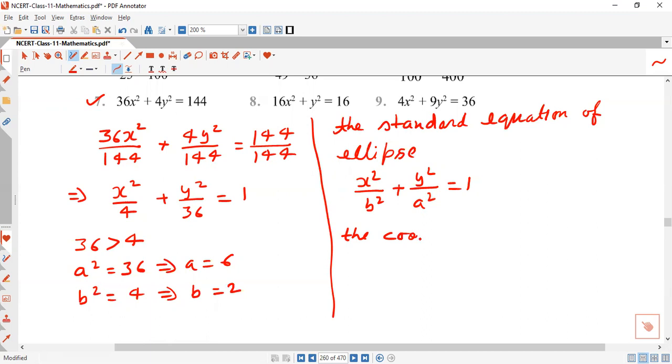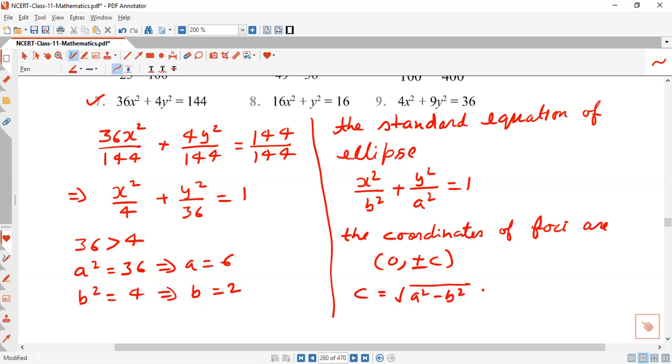The coordinates of foci are 0 comma plus minus c, where c equal to under root a square minus b square. This comes out, you see, 6 square minus 2 square, 36 minus 4, root 32, or you can say 4 root 2.